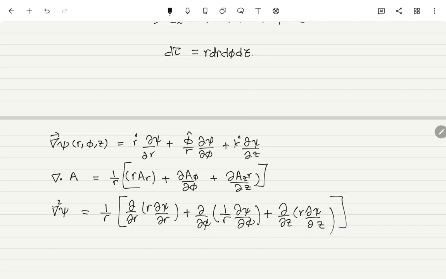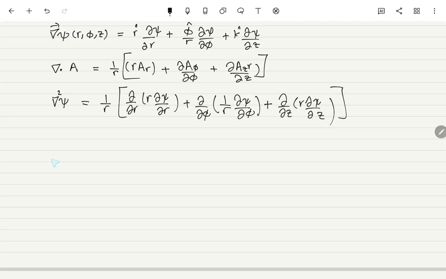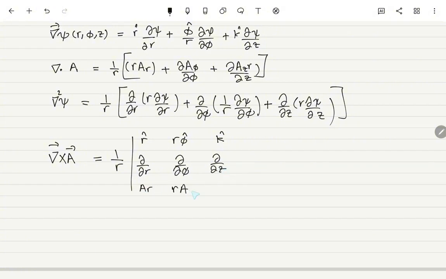And the last quantity is the curl A in cylindrical coordinates. So 1 over r, you open a determinant here: r hat, r phi hat, and k hat; partial partial r, partial partial phi, partial partial z; A_r, r A_phi, A_z.